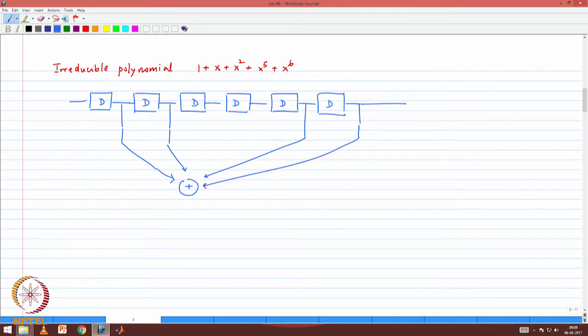This output is the sequence, and this tap is the feedback tap. So 1 equal to x plus x squared plus x to the 5 plus x to the 6 gives the feedback connections. You can start with any starting state, it does not matter, and the sequence will repeat itself. We should get a 2 to the power 6 minus 1, in this case a 63 length sequence. Don't do it by hand, I just want you to make sure that you are able to do that.